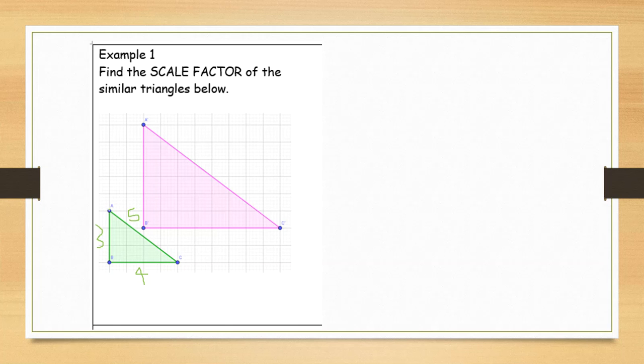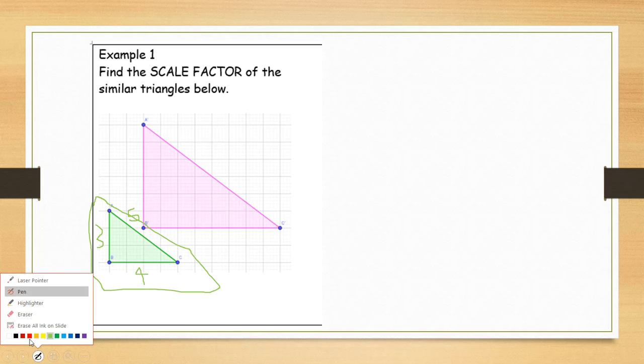So ABC, the green one is our object, and the pink one is the image. So 3 here is in the same position as 1, 2, 3, 4, 5, 6. So we've got 6 here.